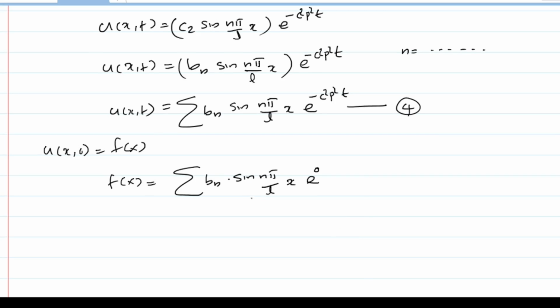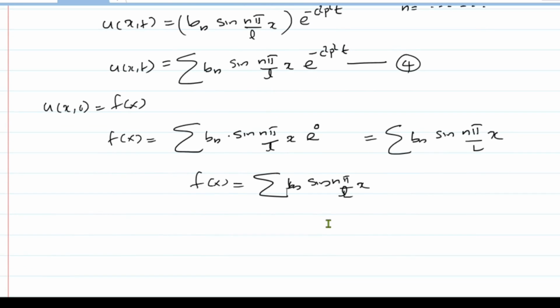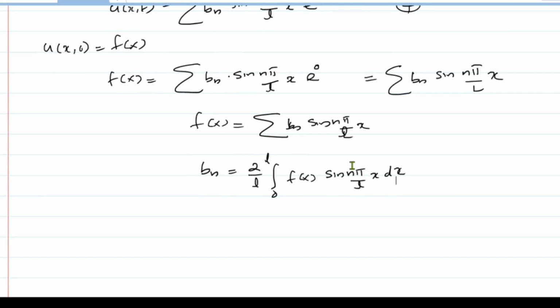E raised to 0 is 1. So f(x) = sum of bn sin(nπx/L). By using the Fourier half range formula, bn = (2/L) ∫ from 0 to L of f(x) sin(nπx/L) dx. So this is our formula.